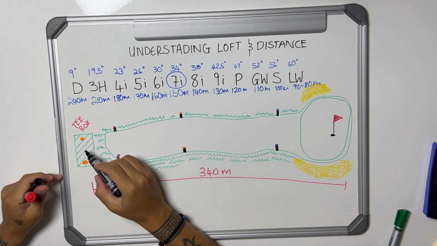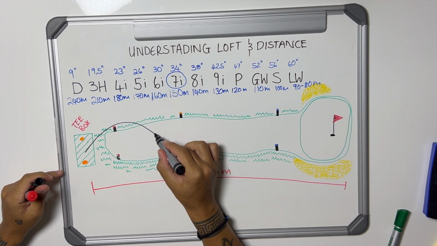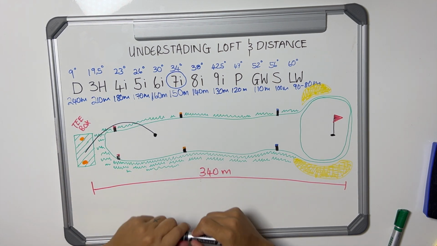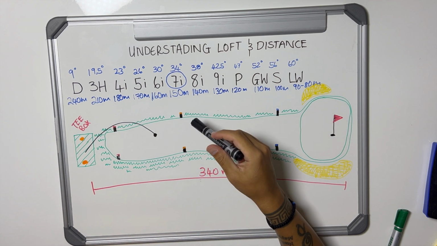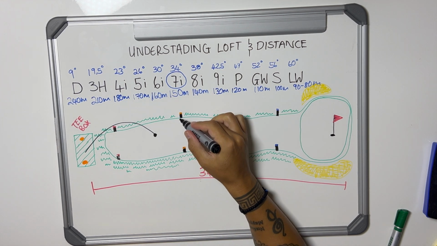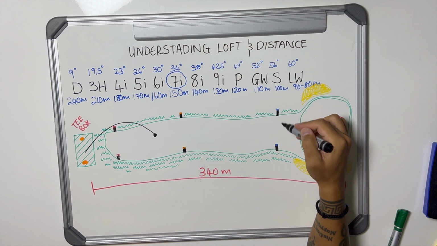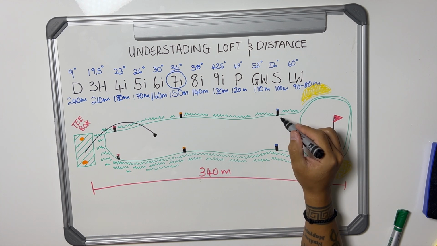Say, for example, I hit off the tee, not such a good shot, and my golf ball lands over here. If I don't have a GPS system or any of the new technology, I can still determine how far I am from the hole. How do I do that? I look out for these stakes which they've put on golf courses, which have a meterage on them.